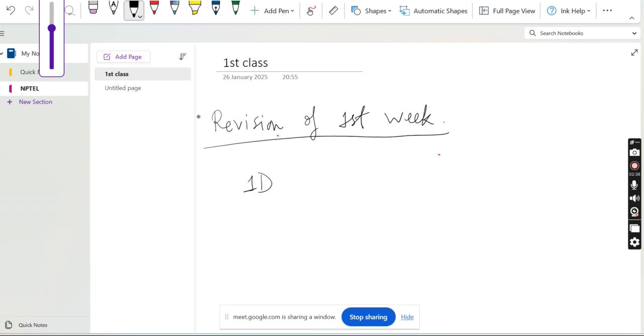But still, for mathematical question solving purpose, I am writing some basic equations as a recap of the classes. So first I am writing the 1D wave equation. We all know this is the 1D wave equation.